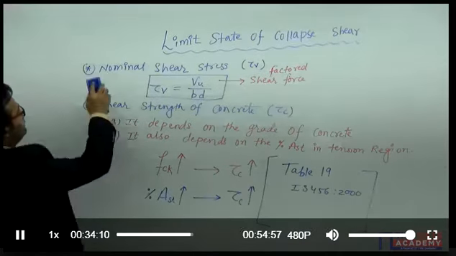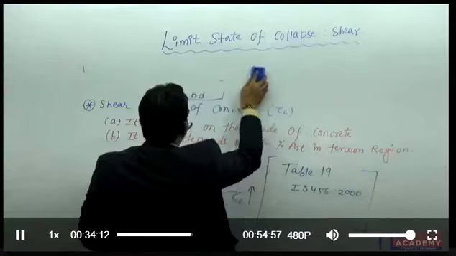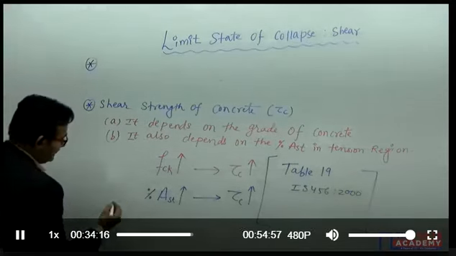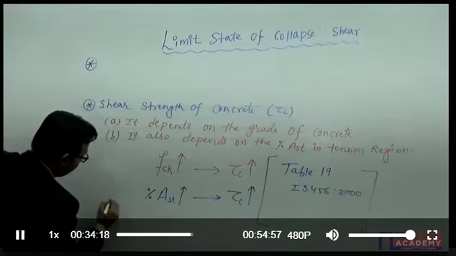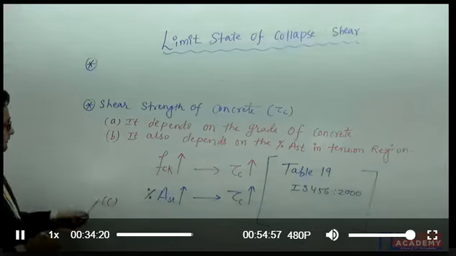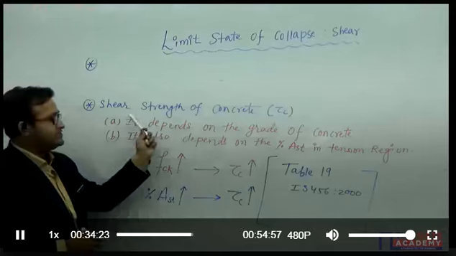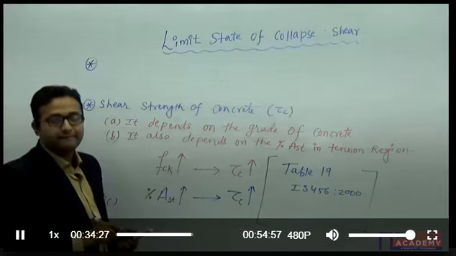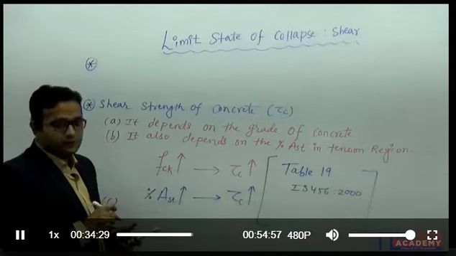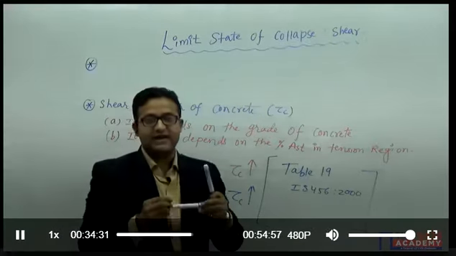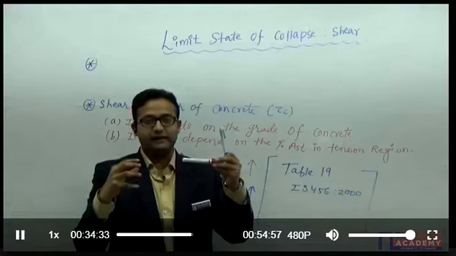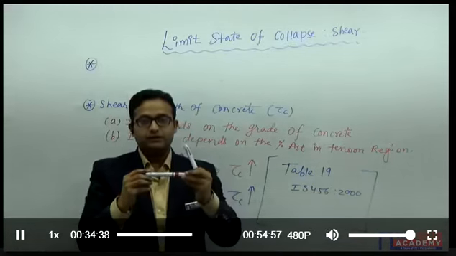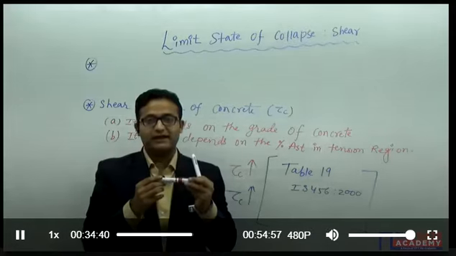Now write down, the third one is the tau c max. Here one more point we can write in the shear strength of concrete. This is the shear strength of concrete without providing shear stirrups. In the beams, when the beam is cast and the reinforcement is provided, two types of reinforcement are provided.